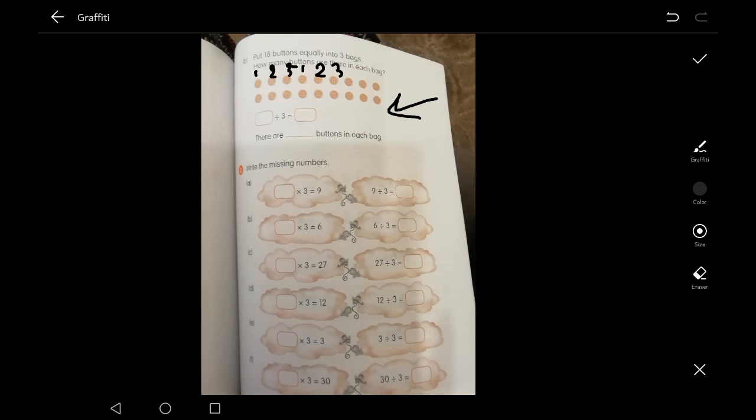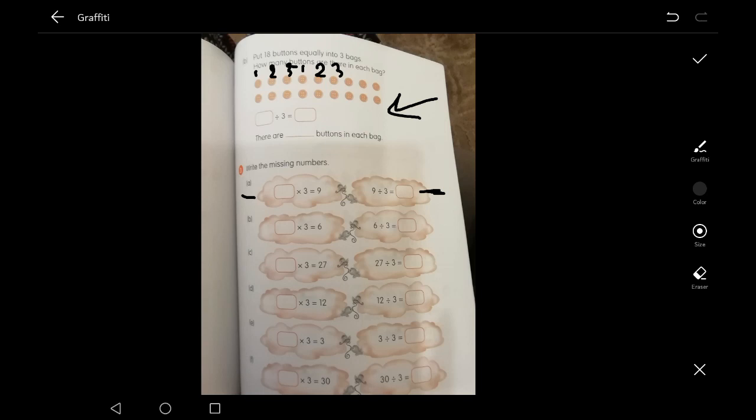Now let's move on to question number 3. Here we have the multiplication sentence and the related division sentence to show us that they are related to each other.